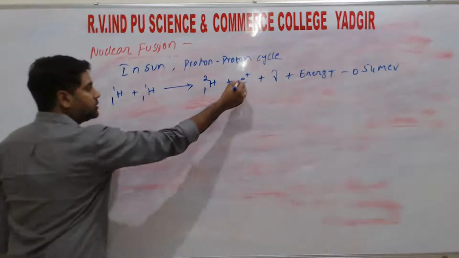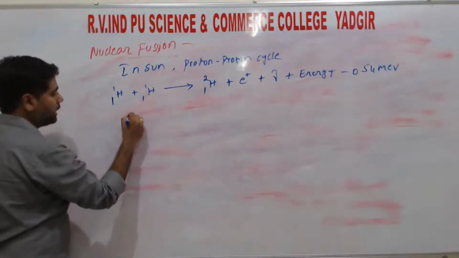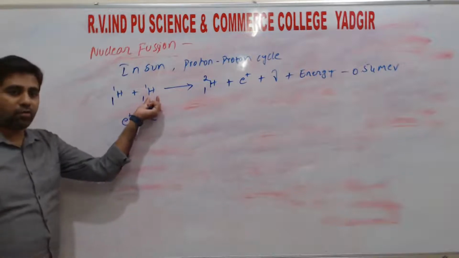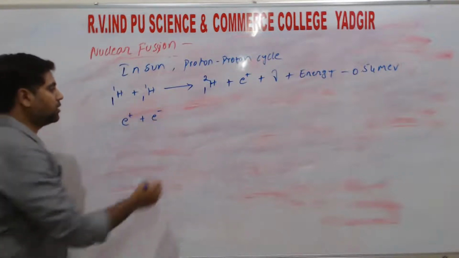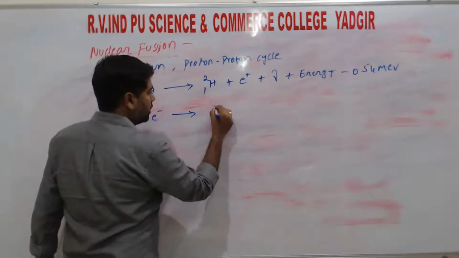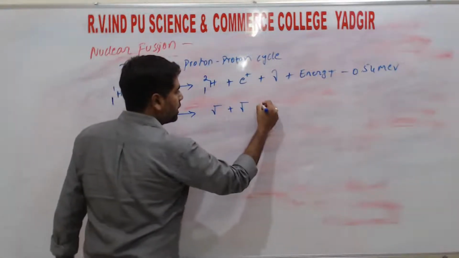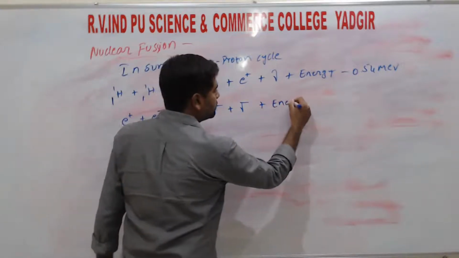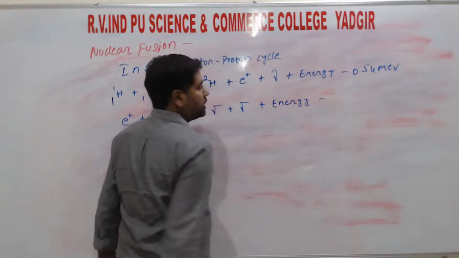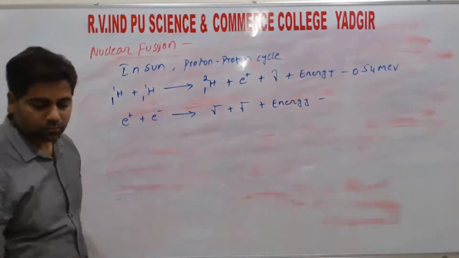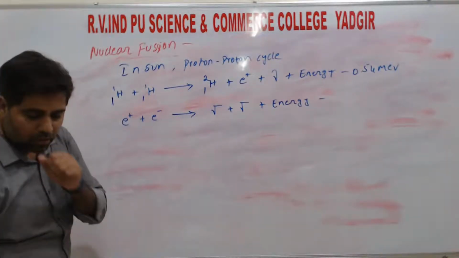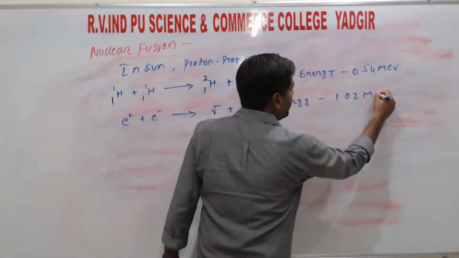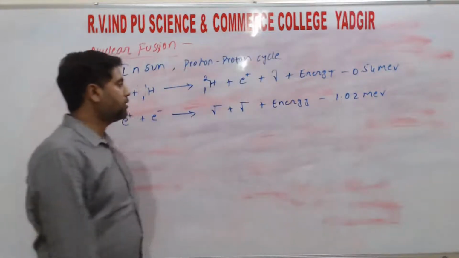Again this positron, e plus, collides with an electron, which escapes out from these nuclei, right? Then gamma radiations are emitted, along with energy released, and that energy is around 1.02 mega electron volt, right?